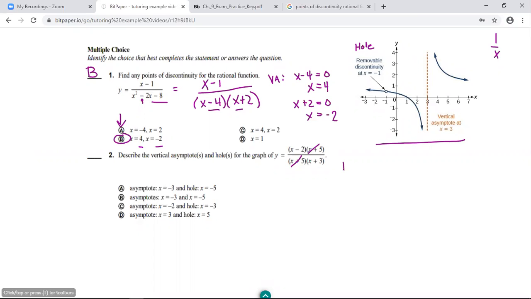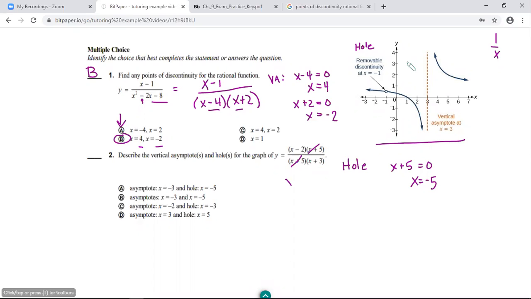So that means we have a hole at x plus 5. We take x plus 5, make it equal to 0. So x is equal to negative 5. When x is equal to negative 5, there will be a hole, a removable discontinuity, in the graph. So that's 1.